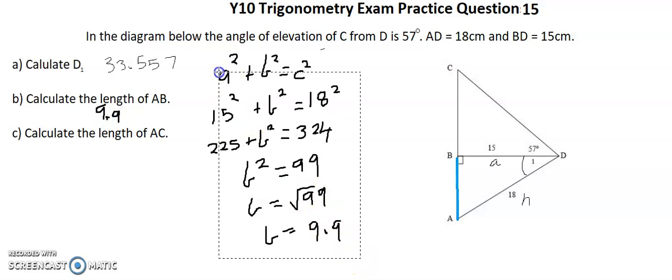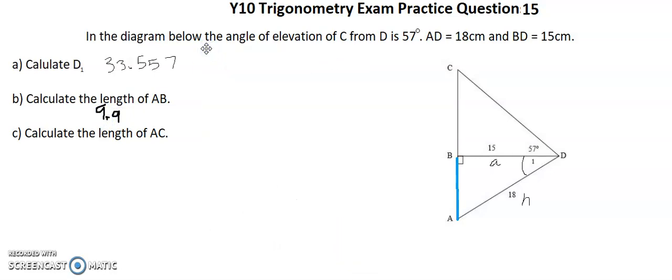Now that's helpful, because part C says calculate the length of A to C. That means instead of having a line for A to B, it's going all the way up to C. So before that, we need to work on our second triangle, which I'm doing in green, and working out this length.